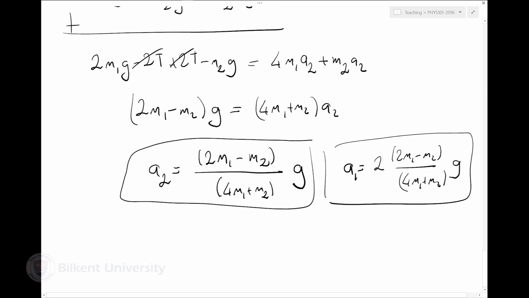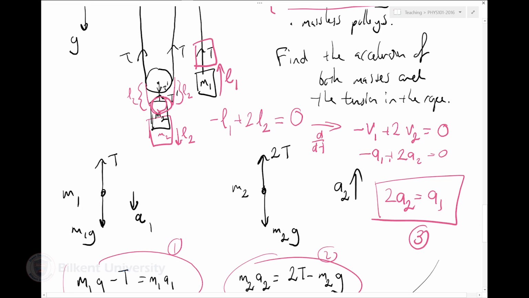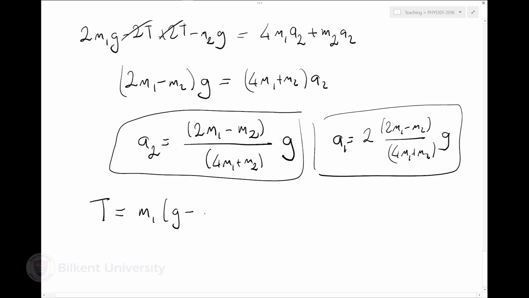And the tension, I think it's best to use the first relation here. Tension is m1 g minus m1 a1.